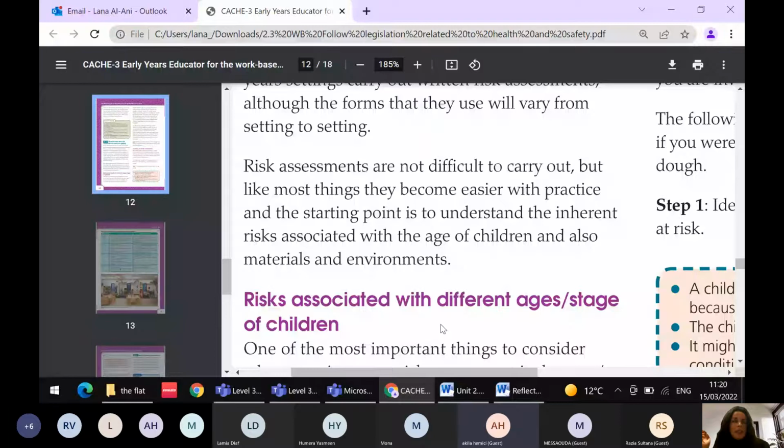Then I might need to change the risk assessment procedure, or develop it a little bit, or get a new one to eliminate the risk involved to the maximum. Is this clear? So you always talk about yourself when it comes to a reflective account. It's very, very important.